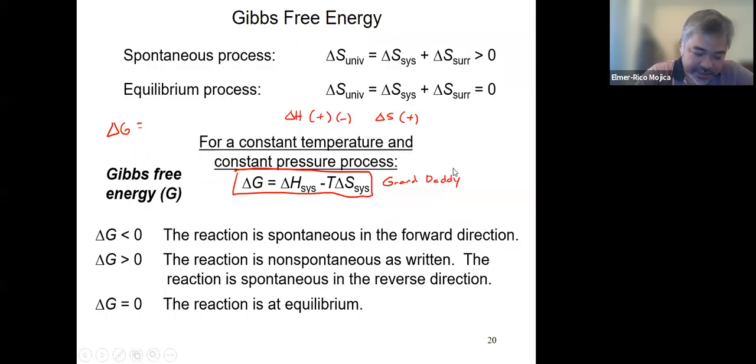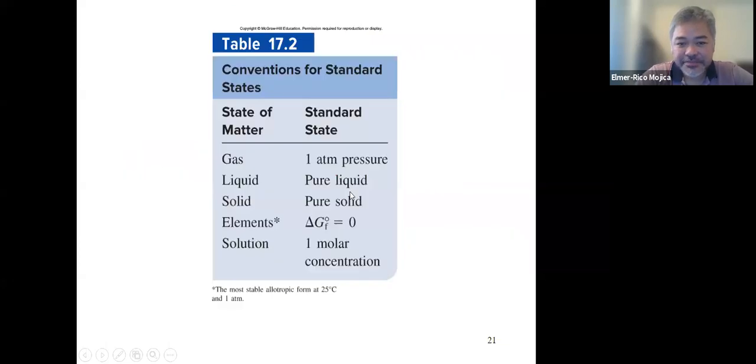So we now have a thermodynamic quantity to predict whether a given reaction is spontaneous or not. And it's a combination of both the enthalpy and the entropy. Now, as I have told you, you have to remember the so-called standard states.